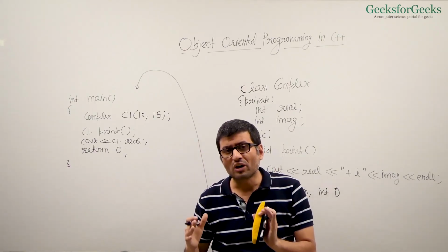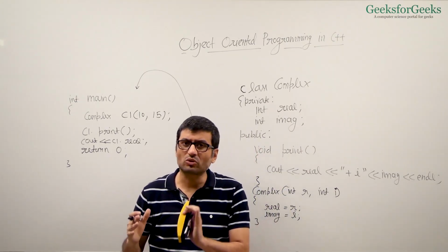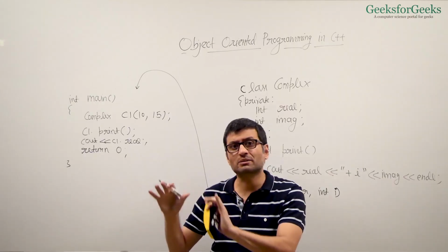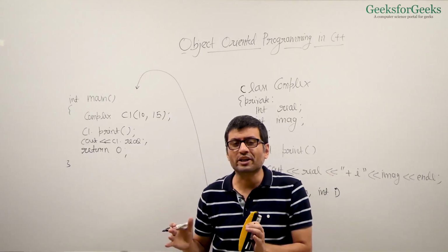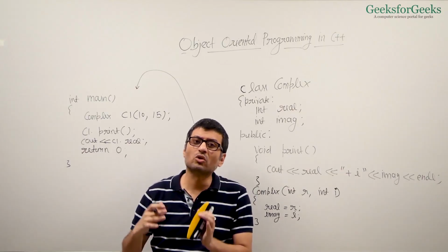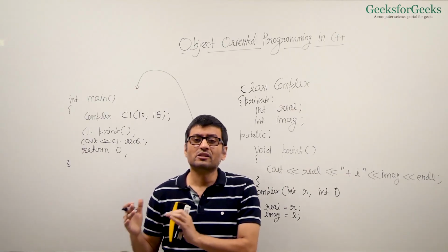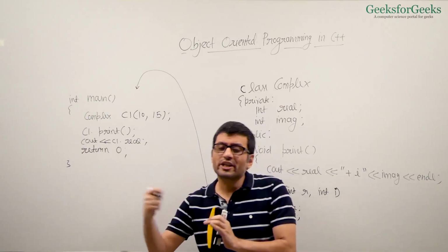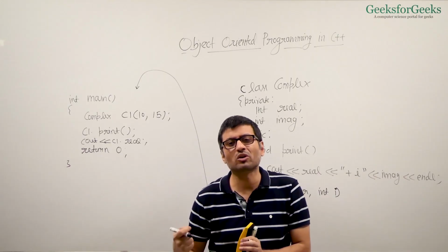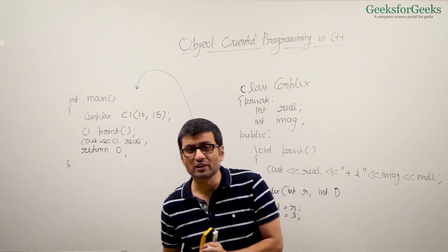And we allow our users to access marks only through this set marks function because we have made marks private. What is the point of making it private? Your student class object would never go in an invalid state. Somebody cannot create a student object, say S1, and do S1.marks equal to 150, right?